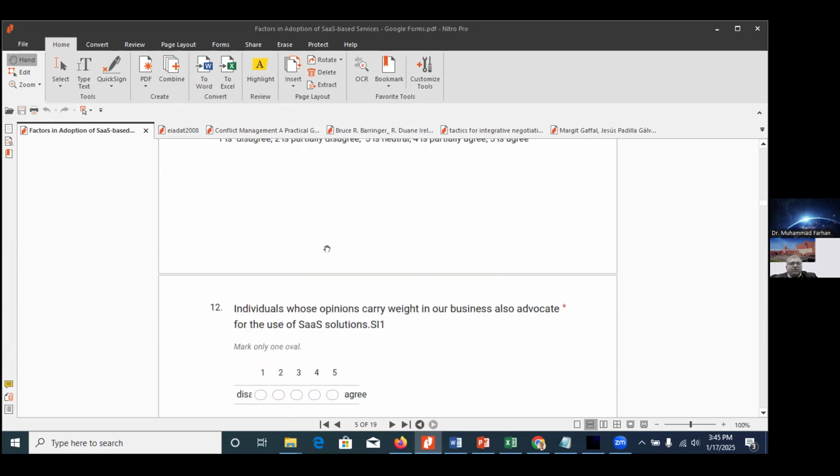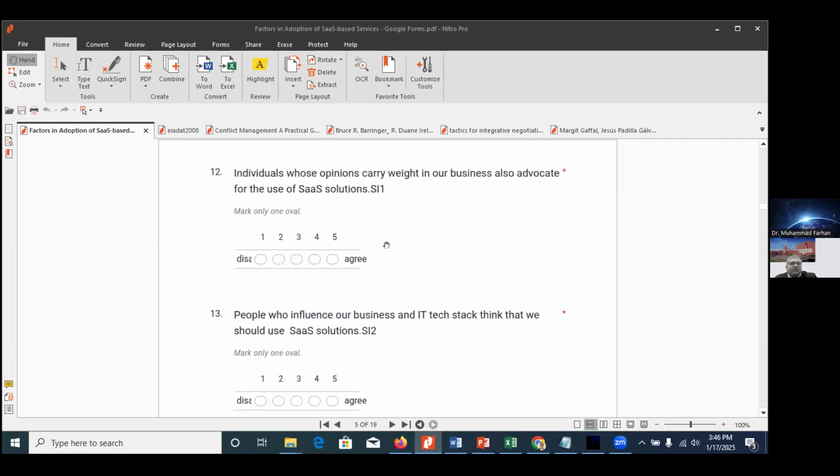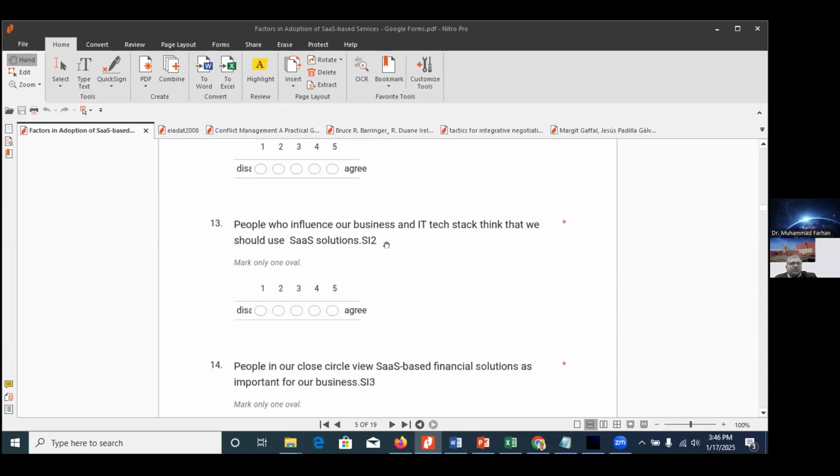Likert scale items are all about those indicator items that I told you about. Here you see item number 12: individuals whose opinions carry weight in our business also advocate for the use of SaaS solutions. This is the first indicator of a construct, which is SI. Then another item: people who influence our business and IT tech stack think that we should use SaaS solutions.